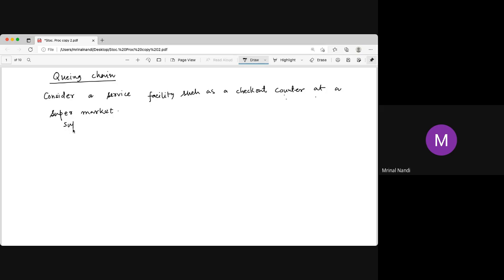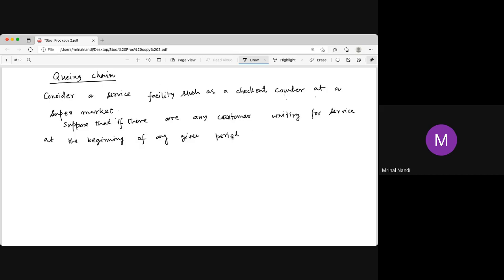Now suppose that there are customers waiting for service at the beginning of any given period, say a period starting from 9 to 10 a.m. Starting at 9, at the beginning, there may be customers waiting. A customer may have come before that, say 5 minutes before or whatever.